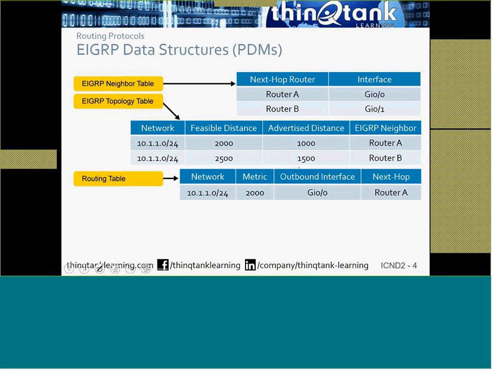All right? So the first thing we do is we establish our neighbor adjacencies. That goes into the neighbor table. The second thing is we collect all the information from those neighbors, which is routing information. Okay? And then the third thing we have is our routing table. Now, the routing table is not specific to EIGRP, right?